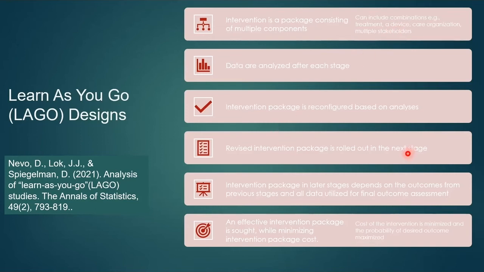Then we roll out the intervention in the next stage. We analyze it again at the end of that stage. We optimize it. We roll out the next stage with the newly optimized intervention until, ideally, the study resources are exhausted and/or the outcome goal is achieved.